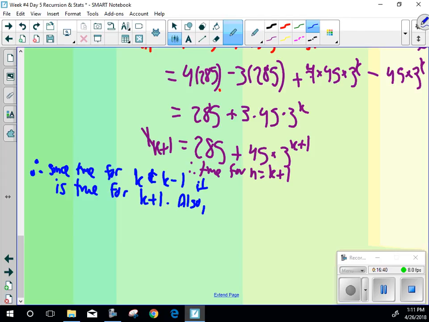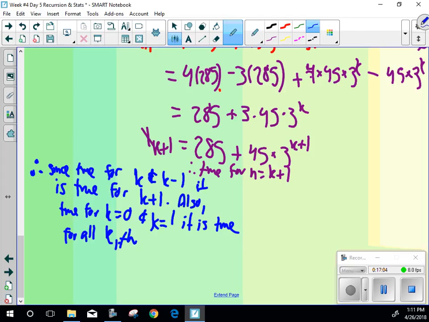Also, true for k equals 0 and k equal 1. It is true for all k, that's the strong part, then proved by strong math induction.